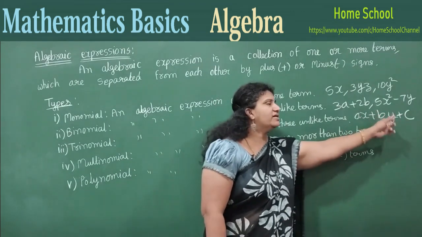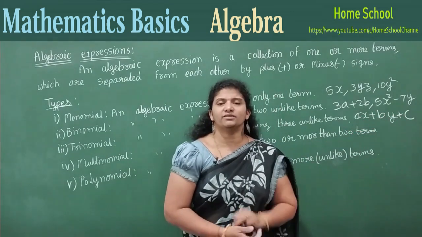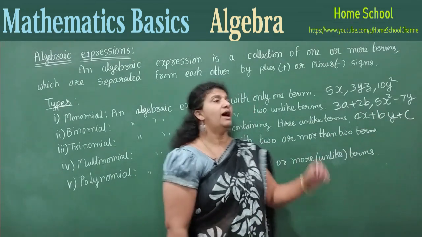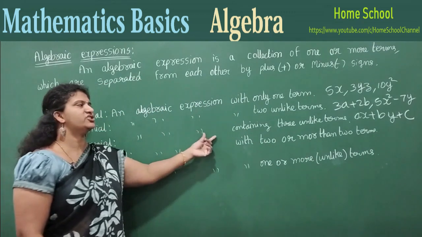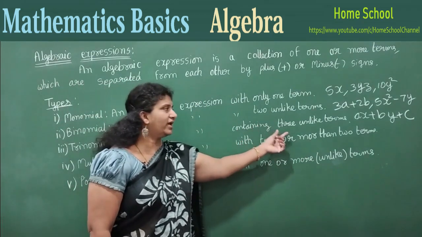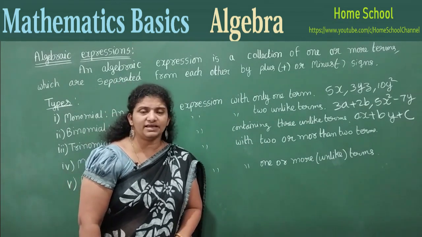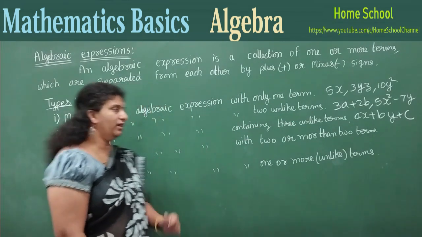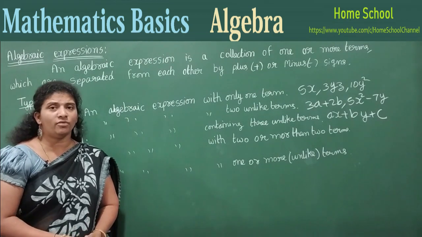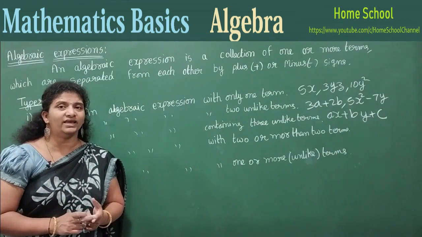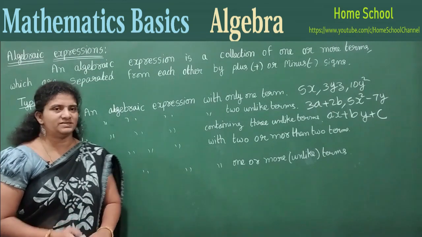So how many terms do you have here? Three terms. Three terms means it is a trinomial. An algebraic expression containing three unlike terms is called a trinomial. Trinomial is also a polynomial of three terms.